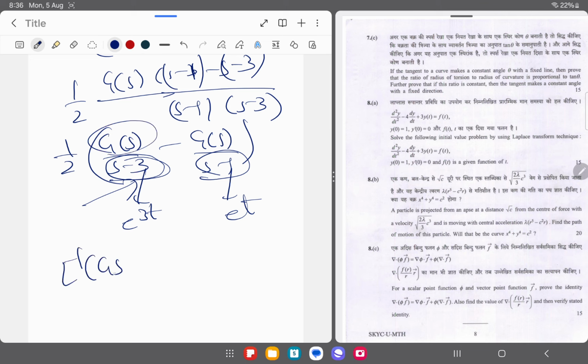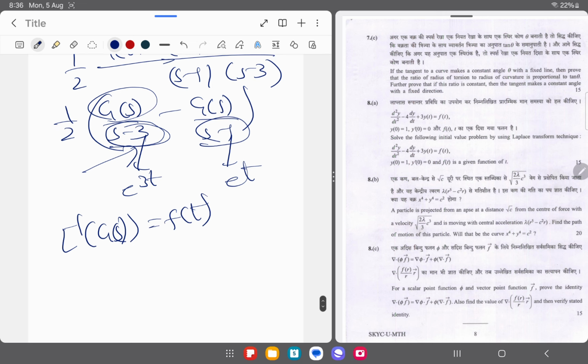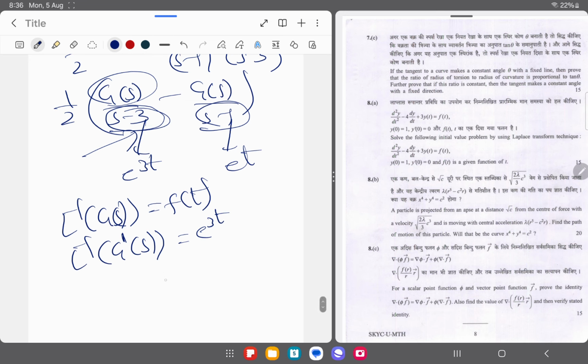So we know that L inverse of g of s is equal to f of t. L inverse of g star of s is equal to e power 3t, where g star of s is equal to 1 by s minus 3.